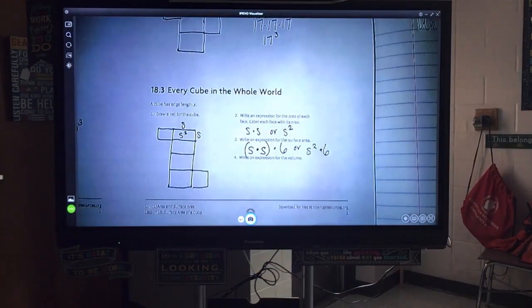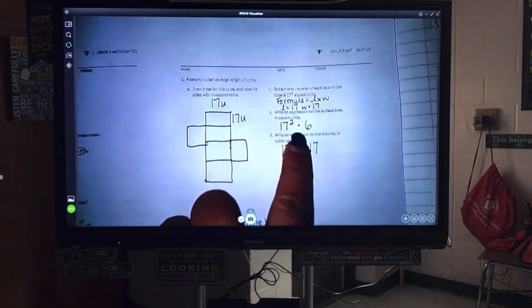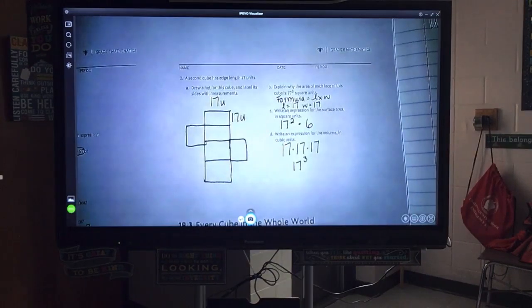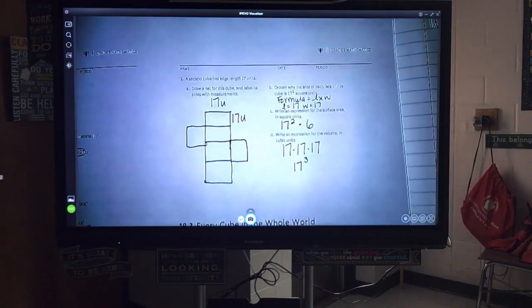All right, you have a question? Couldn't you also do S to the second power 6? No, only if you put parentheses. Because up here, if we did 17 squared 6, that would make sense. So you'd have to put parentheses around here telling you to multiply that number. But no, that's a good question.